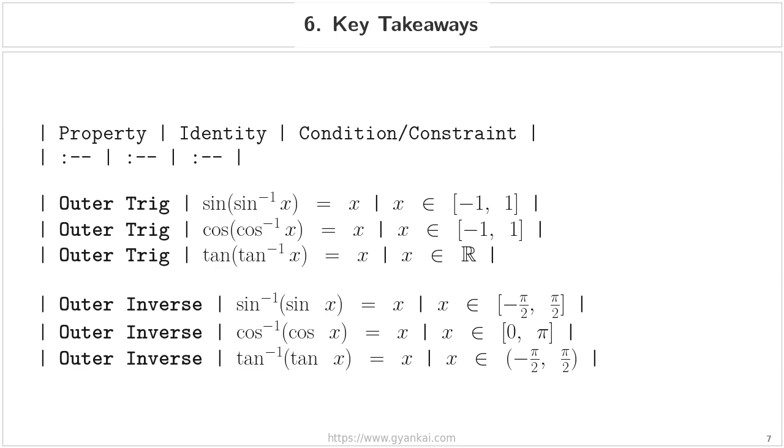Next, the inverse cosine of the cosine of x equals x, provided that x is between 0 and π, inclusive. And finally, the inverse tangent of the tangent of x equals x, as long as x is strictly between -π/2 and π/2. I encourage you to keep this table as a reference.